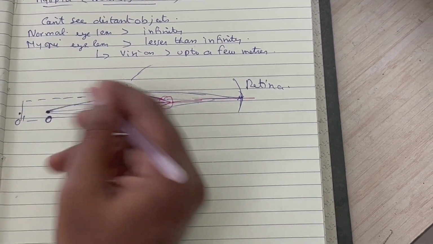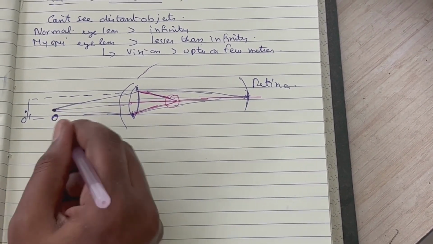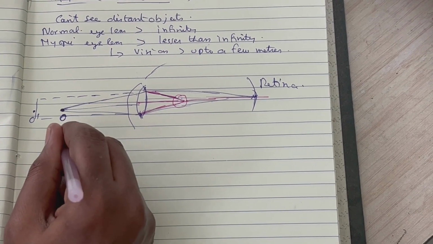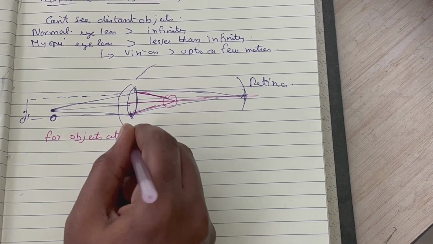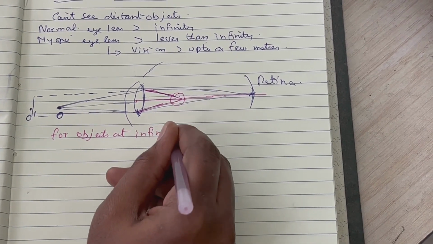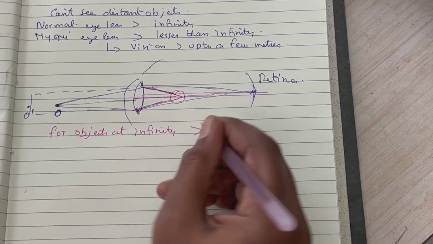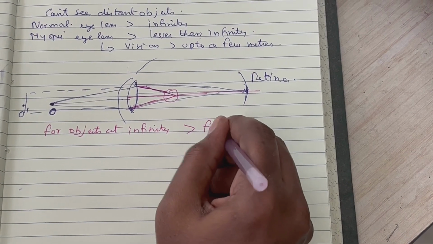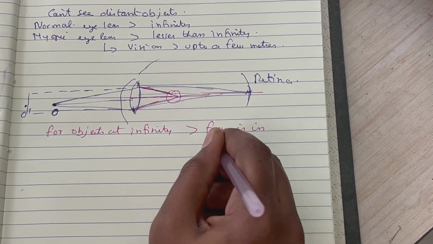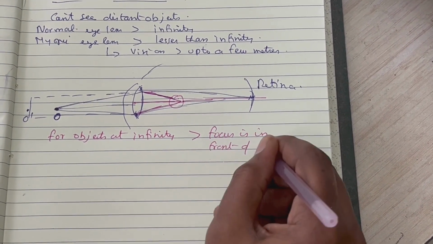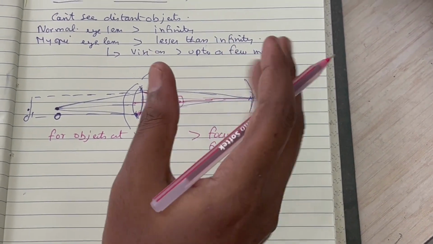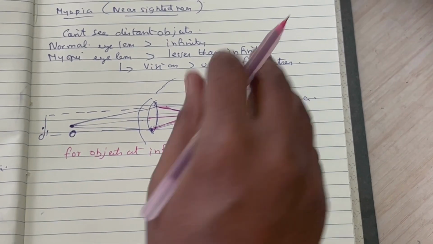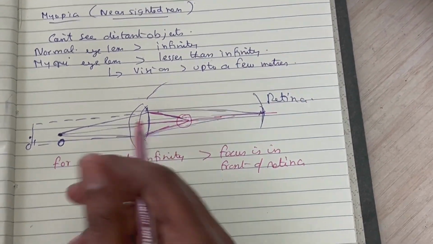The key point here is that for objects at infinity, as far as a myopic eye is concerned, the focus is in front of the retina. That is the problem, that is how the issue is created. Instead of the focus being on the retina, it's in front of the retina.